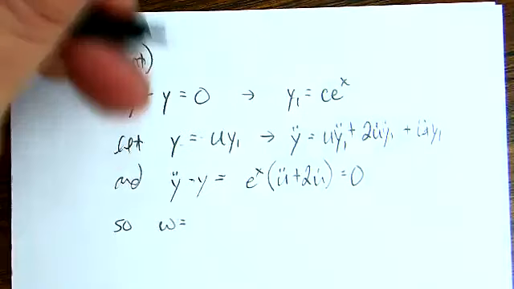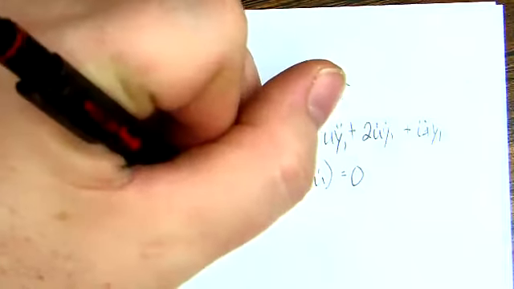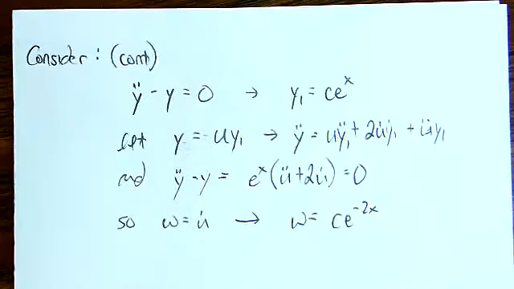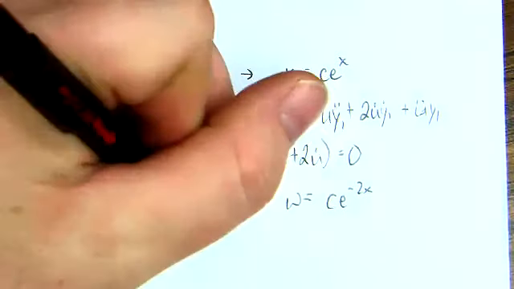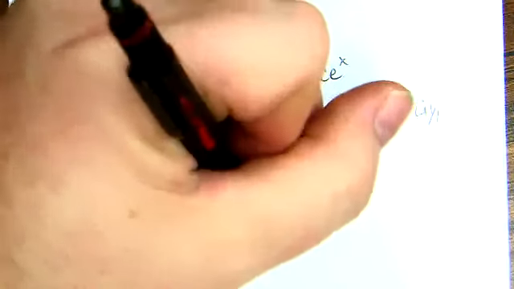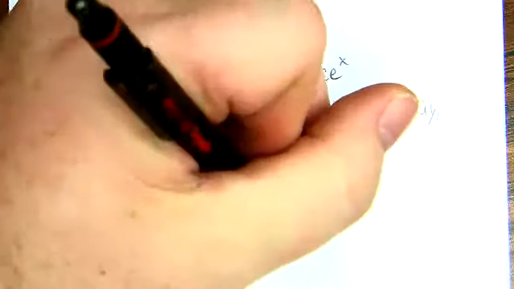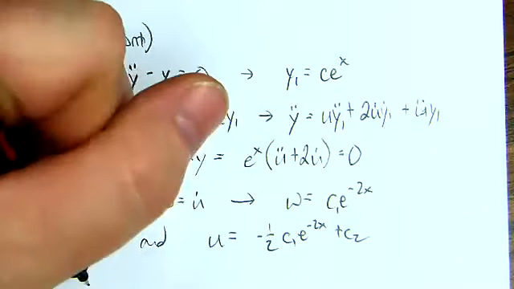Letting w be equal to u dot gave us that w was equal to some constant e to the negative 2x. We're just recapping here. And then u was equal to negative 1/2 c1 e to the negative 2x plus c2.